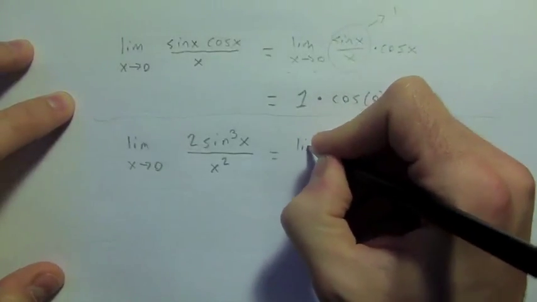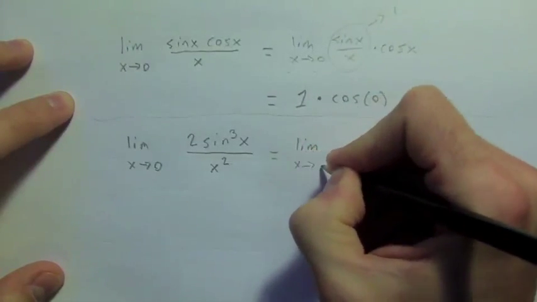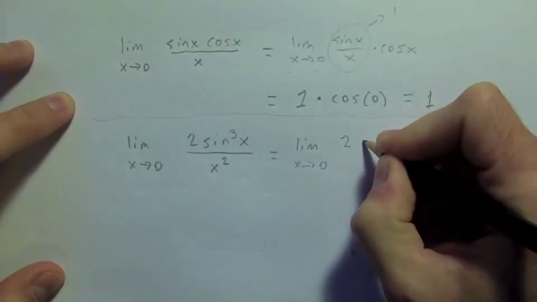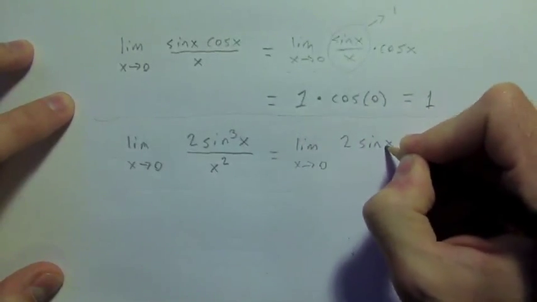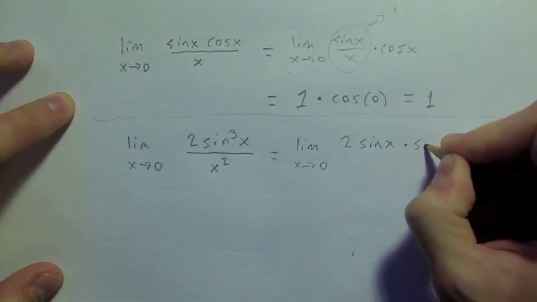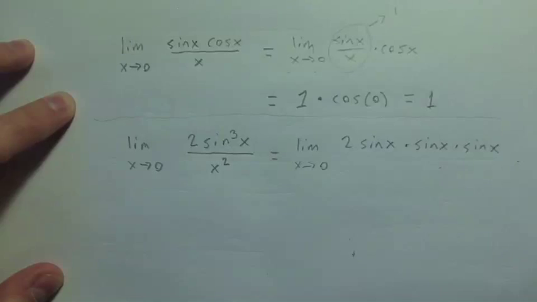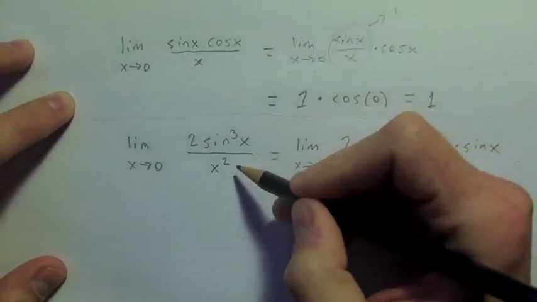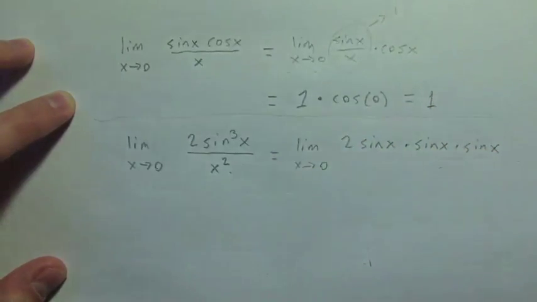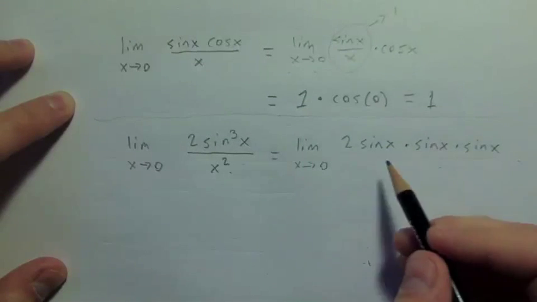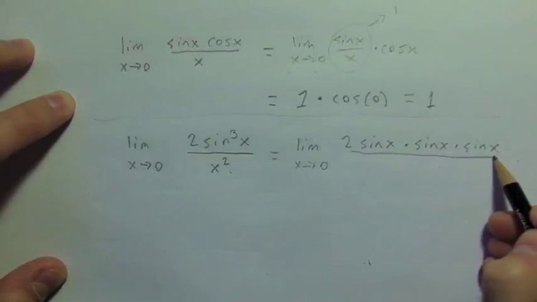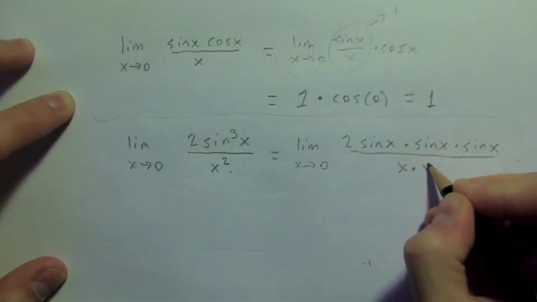How many sines do I have in this example? Well, I've got 3. I've got sine x times sine x times sine x. And then underneath I have x squared, so I actually have 2 x's. So when I do the fraction, I have an x and an x.